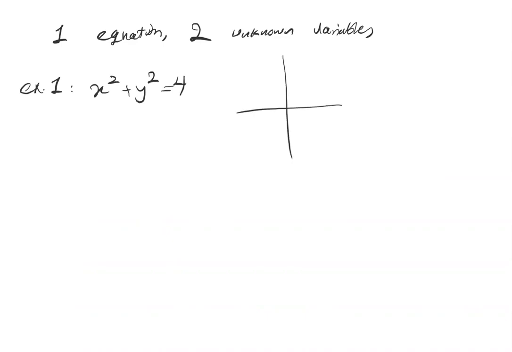If you want to show this graphically, x, y, x0, y2. So this is going to be a circle with radius equal to 2. So this is 2, 2, minus 2, minus 2. All right, so as you can see, each of the points on this circle can be an answer to your problem.